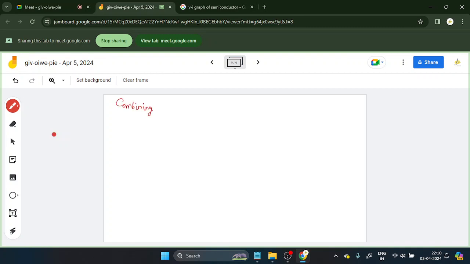R is directly proportional to L upon A, because R was directly proportional to length and inversely proportional to area of cross section. This will be equation number 3.